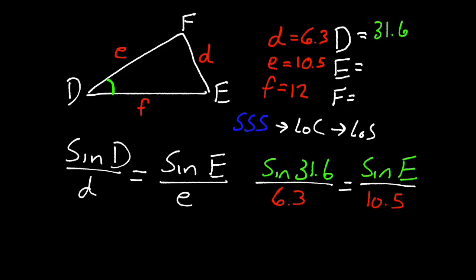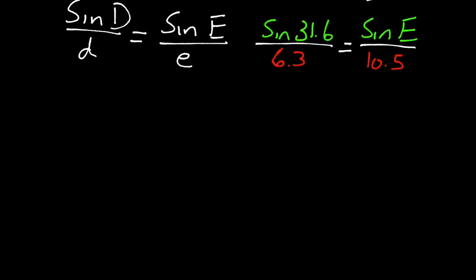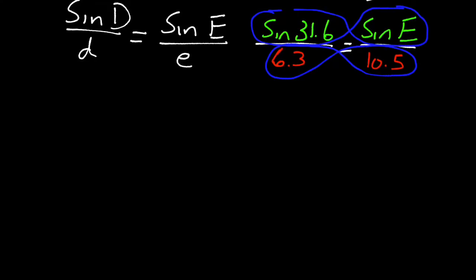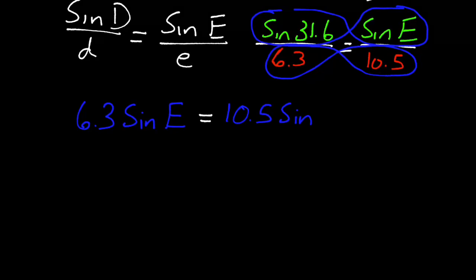And just like we did before, I can now use this proportion to cross multiply and solve. So we are going to cross multiply the top with the bottom to get 10.5 times the sine of 31.6, and we're going to cross multiply 6.3 with the sine of E to get 6.3 times the sine of angle E is equal to 10.5 times the sine of 31.6.